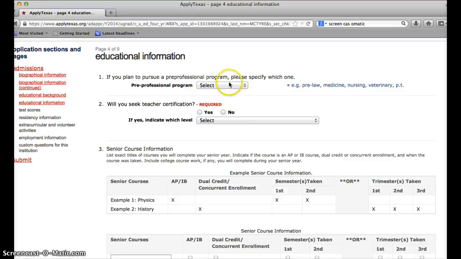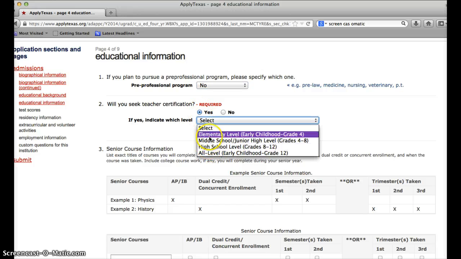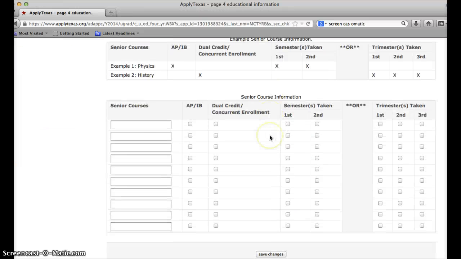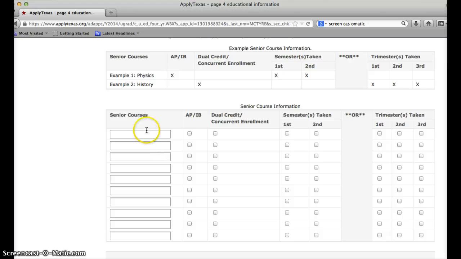And here, if any of you wanted to be a lawyer, a doctor, nurse, vet, physical therapist, or others, go ahead and select that or no. Teacher cert, if you are wanting to become a teacher, go ahead and select what level. And these are all of the courses that you are taking your senior year. For example, if you are taking English 1301 in the fall semester, you will indicate that it is dual credit and you are taking it in semester 1.